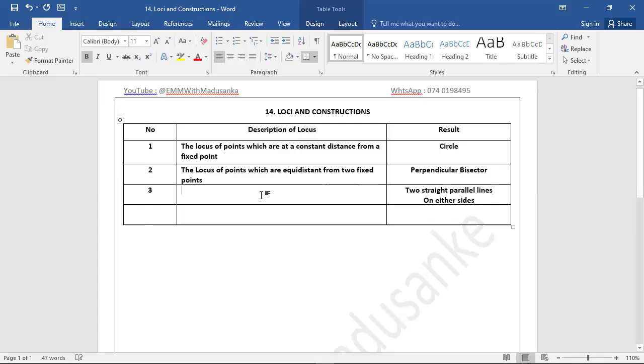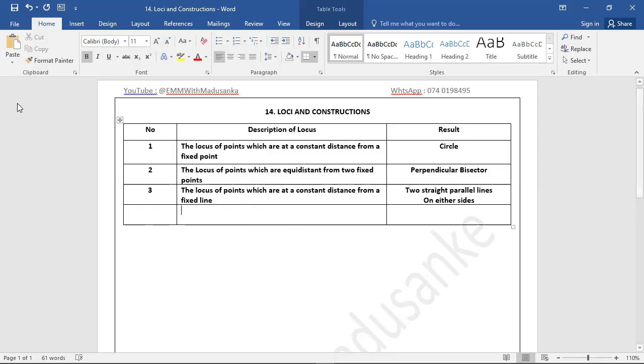And what is the description of that? The locus of points which are at a constant distance from a fixed line. You need to identify the difference of third one and the second one.